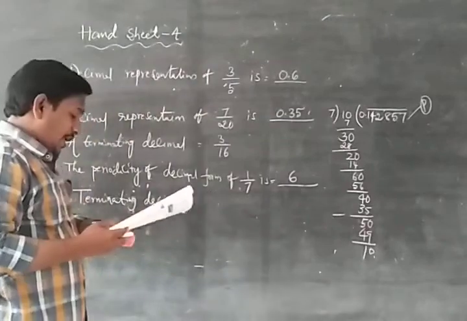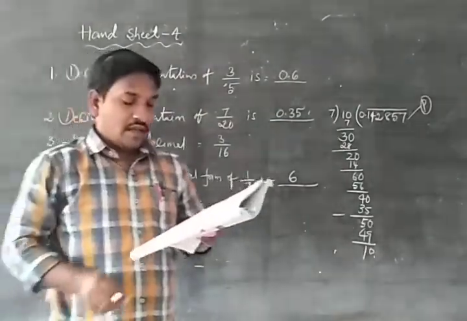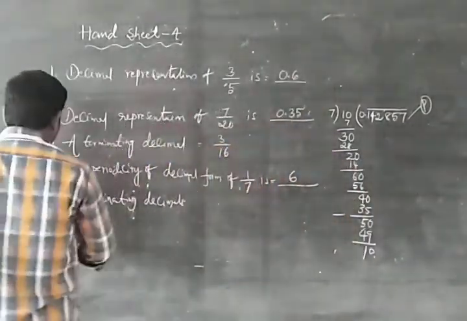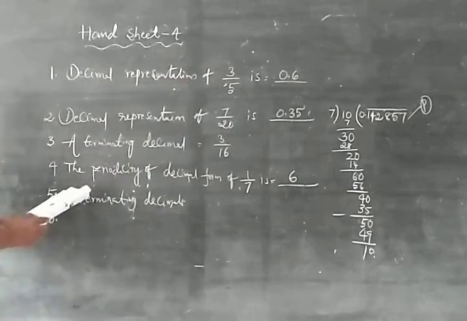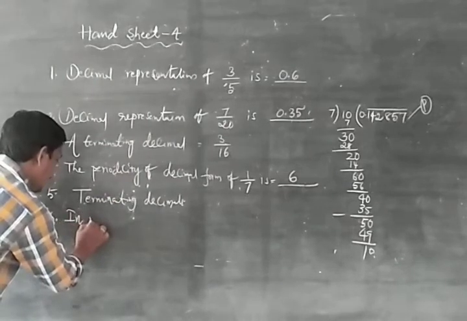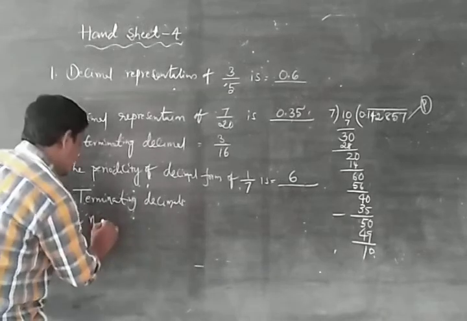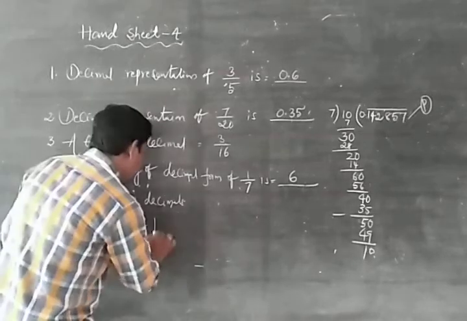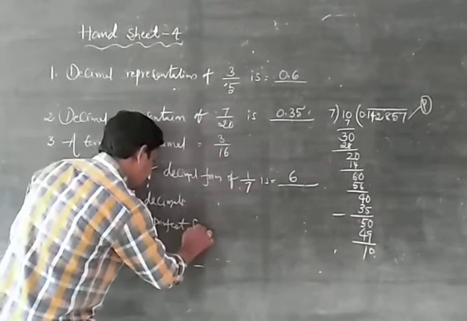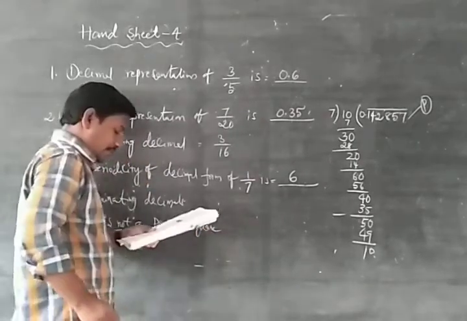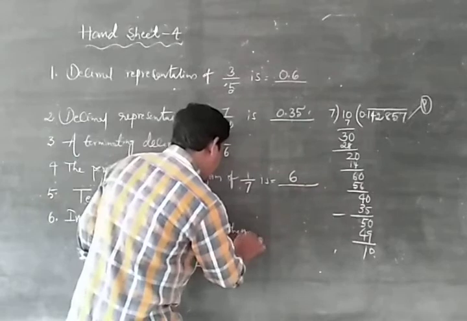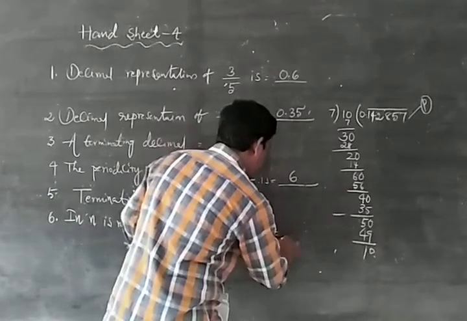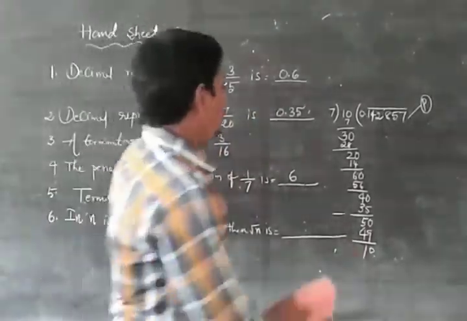Next, if n is not a perfect square, then root n is irrational. For example, if n is not a perfect square, then root 10 is dash.